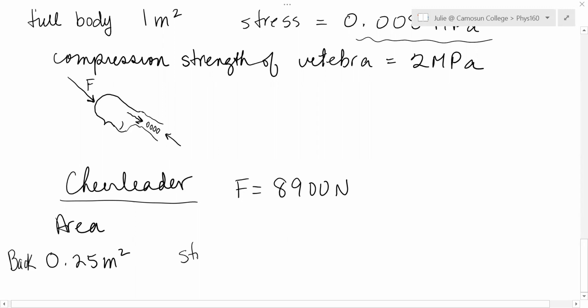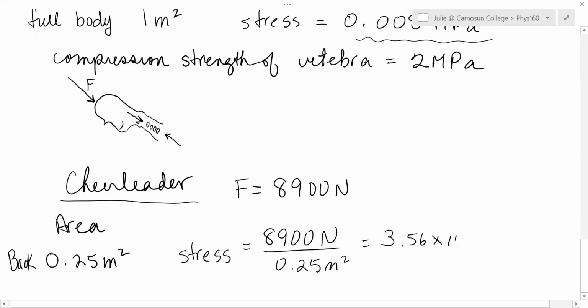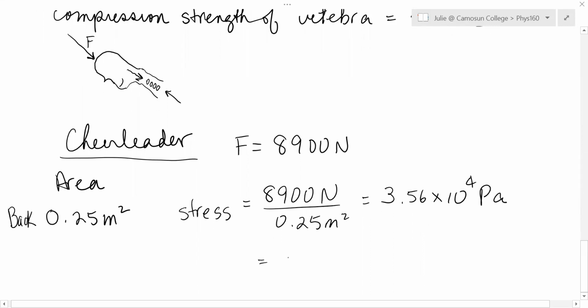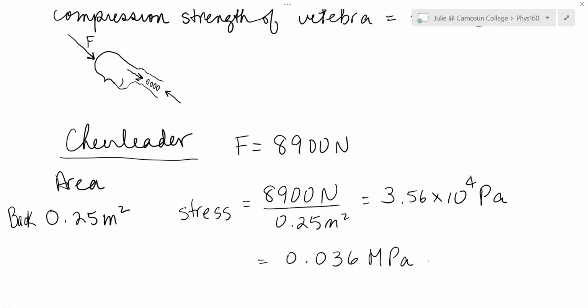And if you calculate the stress, that's 8,900 newtons over 1/4 of a square meter, and you get 3.56 times 10 to the 4 pascals, which is equal to 0.036 megapascals. Not a lot of stress because it's distributed. Now, that's not putting her spine in compression or anything. That's just squishing her whole body.